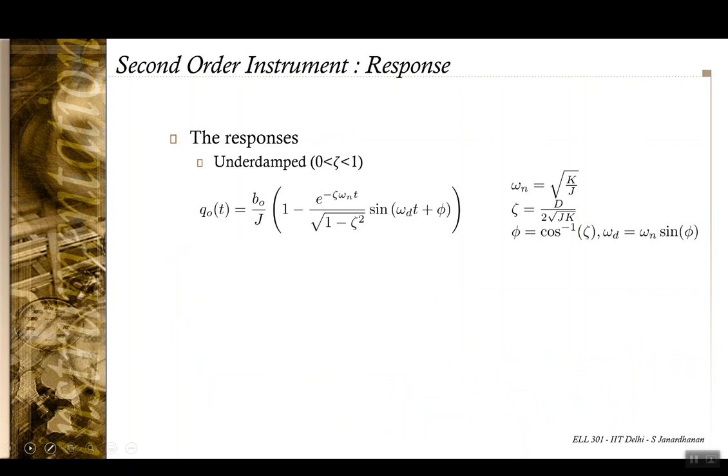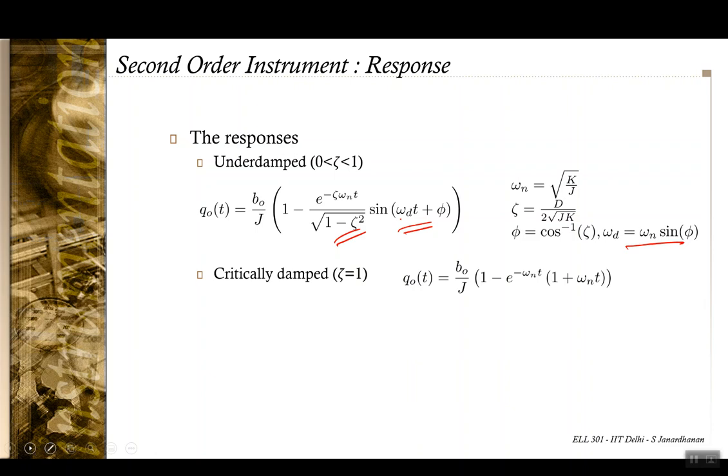When zeta is between 0 and 1, that is when the system is underdamped, as I said earlier, you get an oscillation and also a damping factor that is present, where this omega d, which is called the damped natural frequency, is written in this manner.